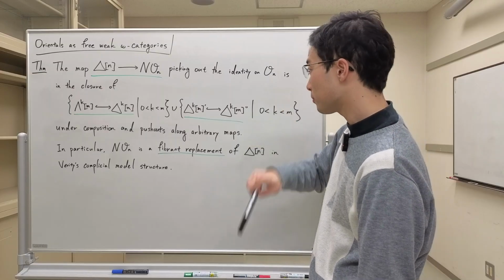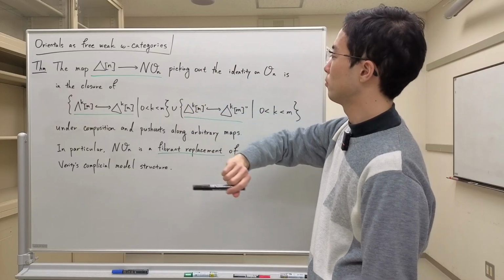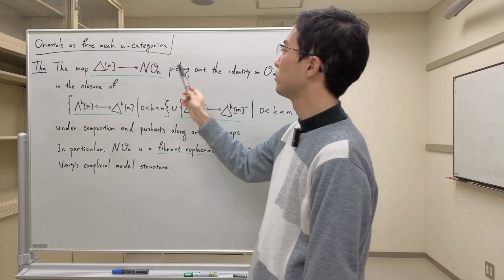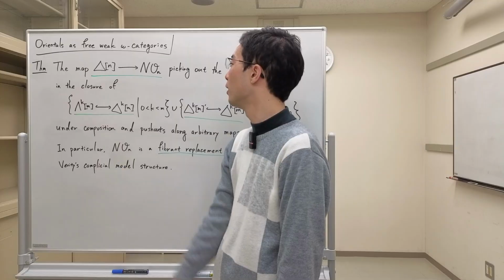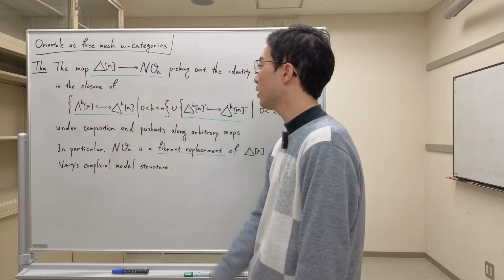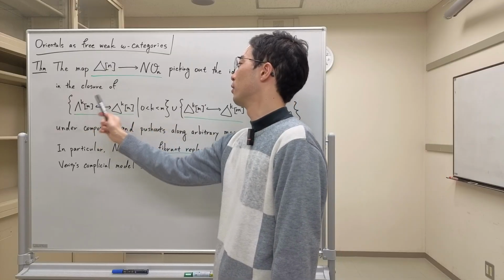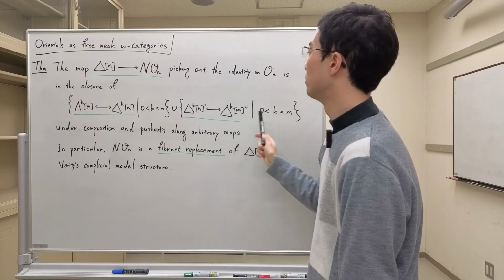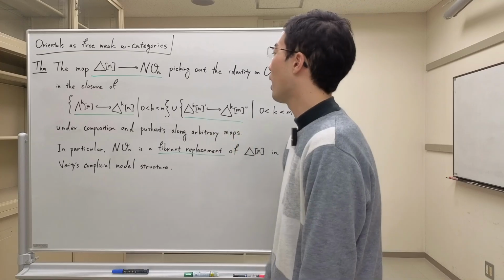Anyway, in that sense, this map here can be obtained by freely adding these compositions and also by marking composites of marked things.